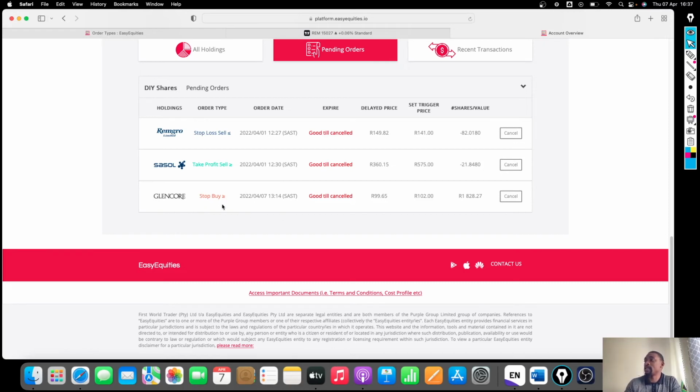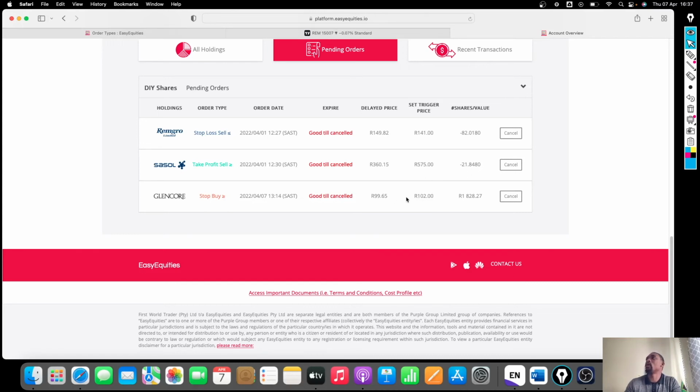And then I made an example that I have a buy stop order at Glencore. So my buy stop order is going to be triggered once the share price of Glencore reaches 102. Again, it's a good till cancelled order, because now I don't know when. Glencore is currently trading at 99.65, so I don't know how long it will take Glencore to reach 102.